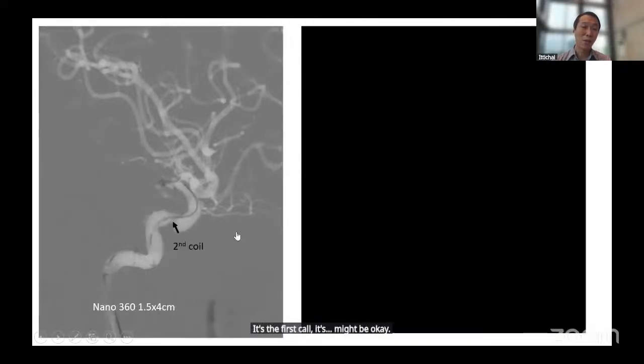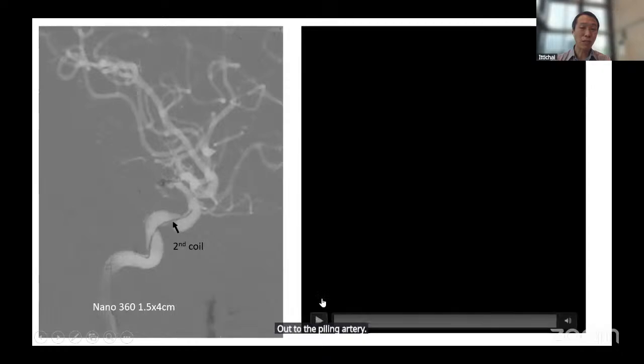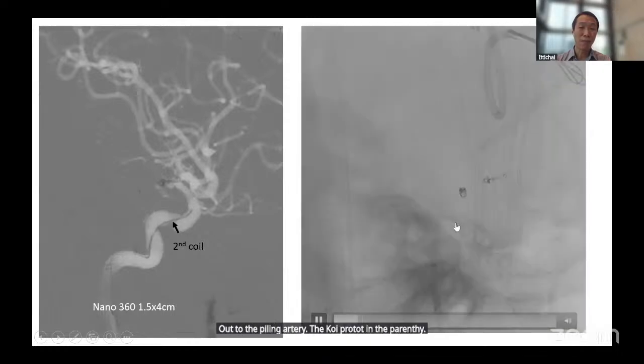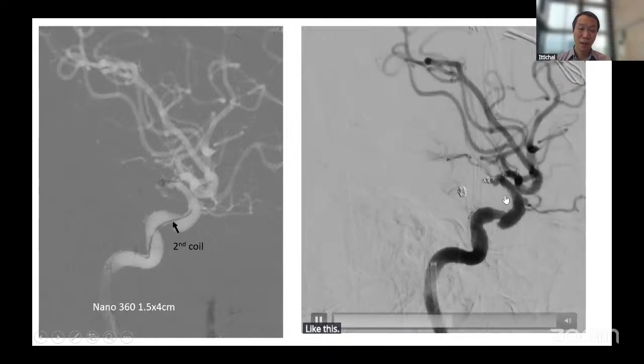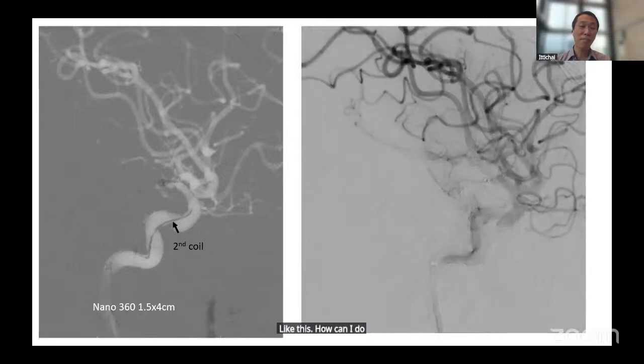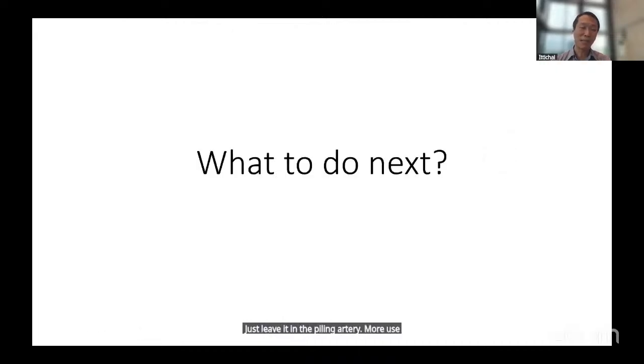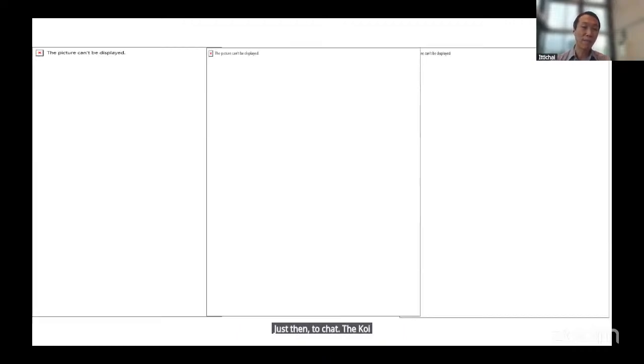But while I manipulated the second coil to fill the sac, it pushed the first coil out into the parent artery. The coil protrudes in the parent artery like this. What can I do at that time? Just leave it in the parent artery, or use a stent to trap the coil in the parent vessel?